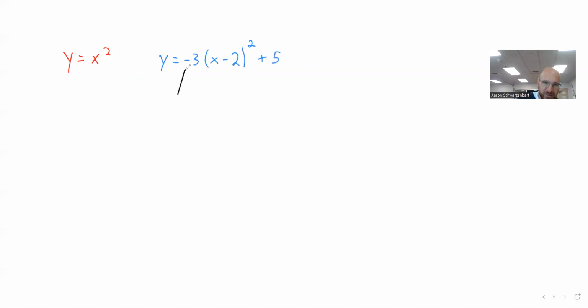We have reflection over y-axis. No, sorry, that's x-axis. Inside is y-axis. So reflection over x-axis. Essentially, I'm flipping my parabola down. We have vertical stretch of 3.